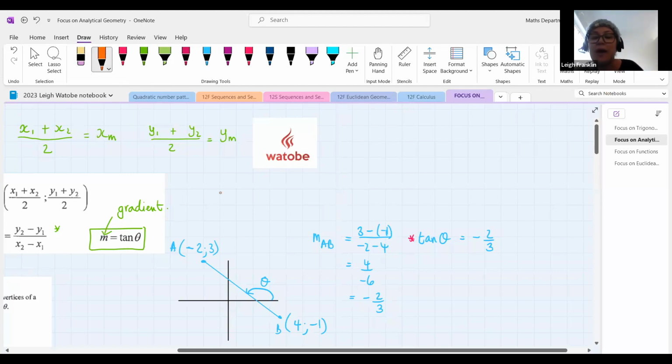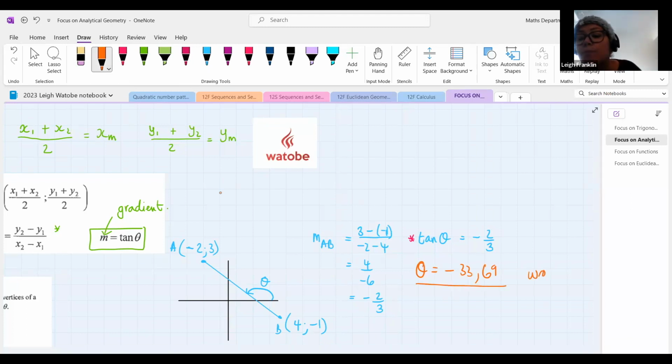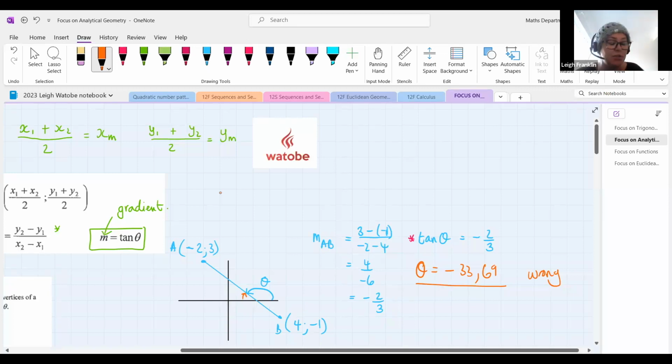It's okay to do that, but then you also cannot write theta equals negative 33,69 because this is also wrong. Okay, what you've actually calculated when you do this is this angle over here. So if you understand the Cartesian plane, you understand trig.